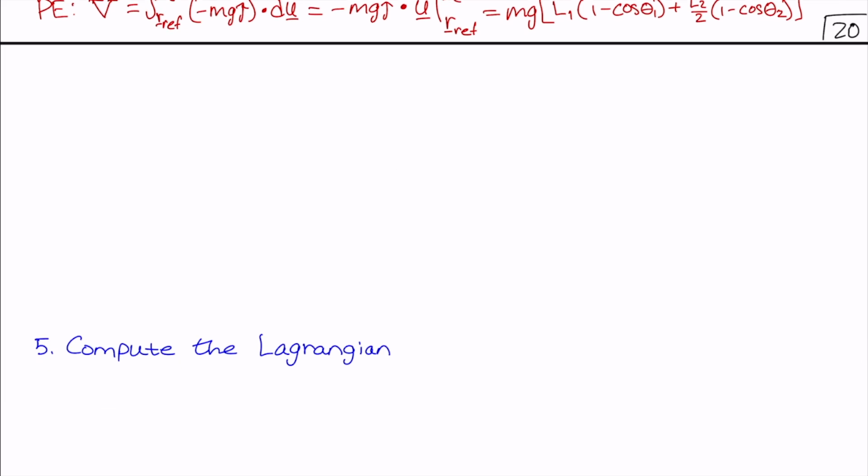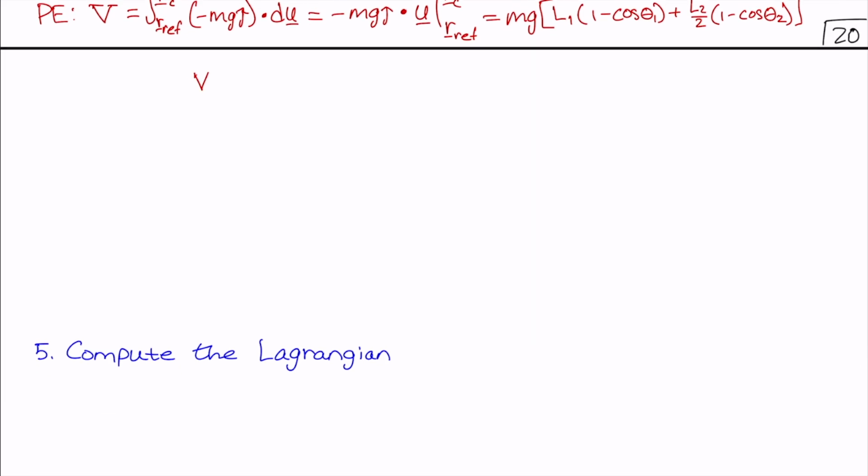So we can write here that V is equal to mg times the quantity L1 times 1 minus cosine theta 1 plus L2 over 2 times 1 minus the cosine of theta 2.